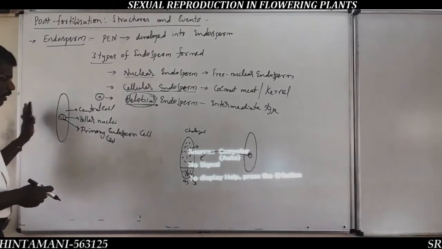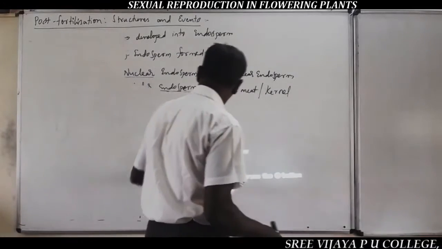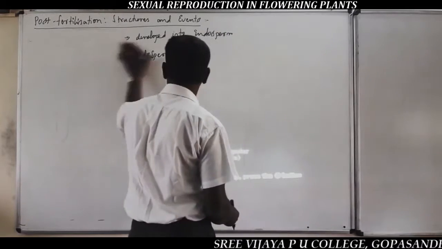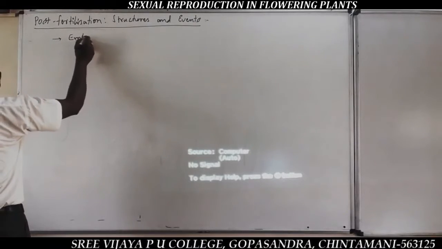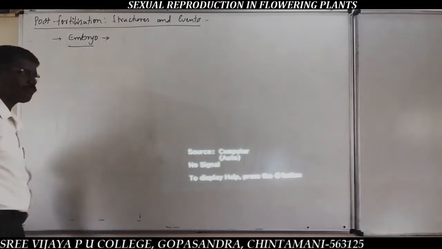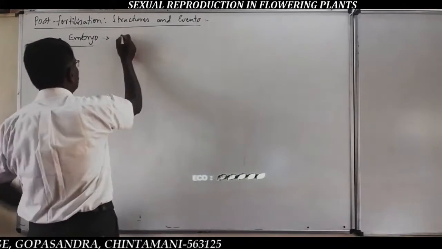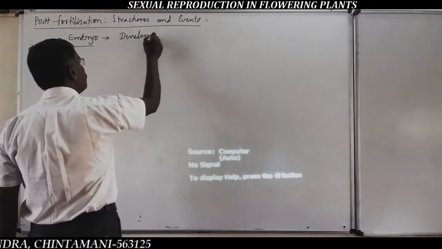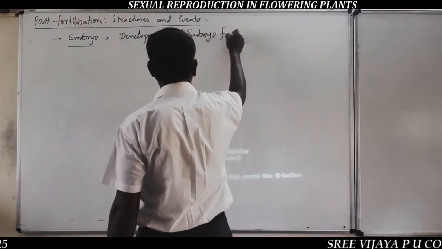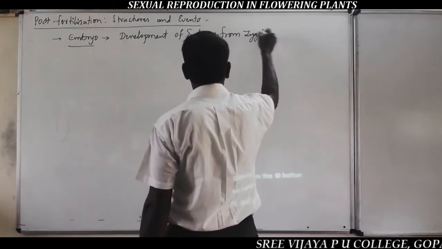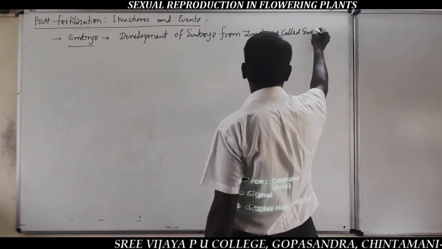So next is embryo. The development of embryo from zygote is called embryogenesis.